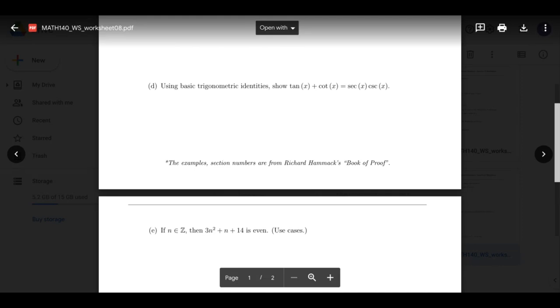Okay, cosine x does not equal sine x divided by 1, right?